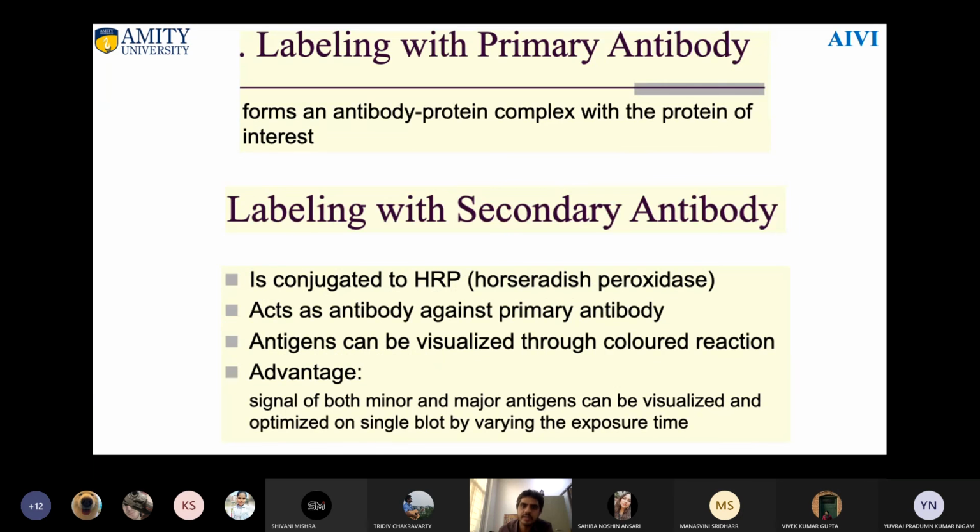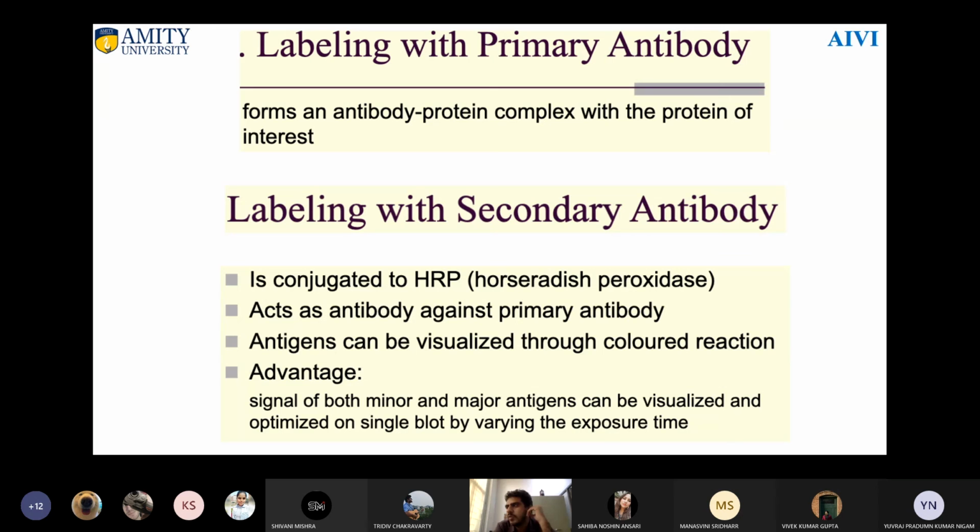Now once you transfer, once you block, then the job is probing, and the probe here is our antibody. We use two types of antibody. One is the primary antibody. The primary antibody is one which binds to your antigen or your protein of interest. But the problem with this primary antibody is that we have this antibody specifically, and the amount of this antibody is limiting.